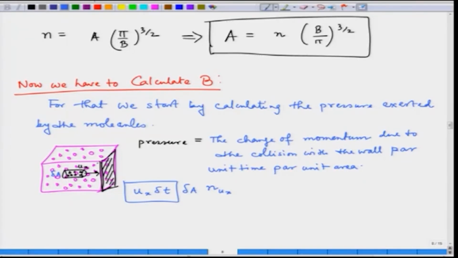Now, every such particle, for example, the particles which were here, so the total number of particles will be this one, the number of particles in the cylinder.